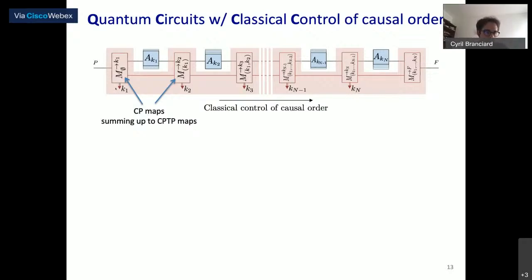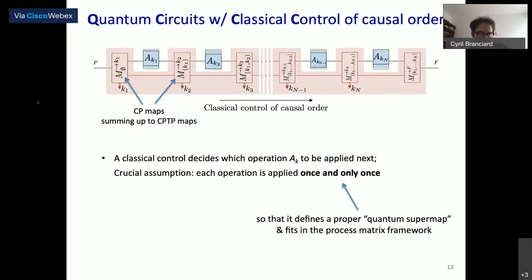Then they have some output, and since we still want some deterministic overall transformation, we still ask these to sum to CP-TP maps. So it's quantum instruments, if you're familiar with this language.